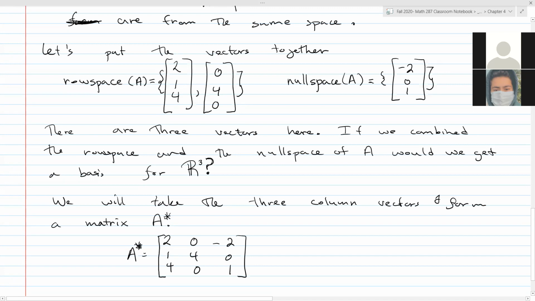We have n vectors. And then the REF of A star is going to equal 1, 0, 0, 0, 1, 0, 0, 0, 1.